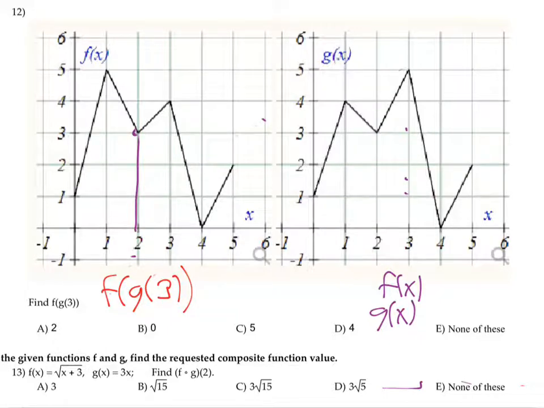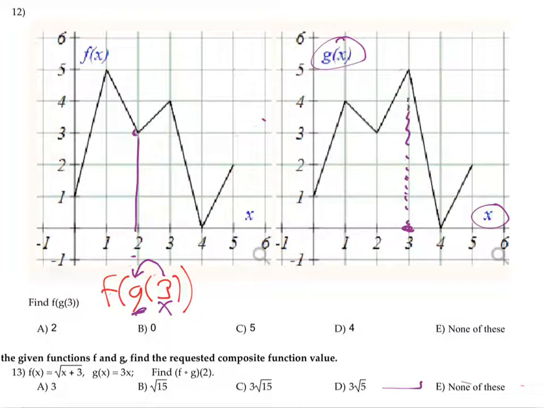So this must be an x inside the g function. Functions always go right to left. So 3 is in the g function. So go to the g function, which is over here on the right, and start with the x value of 3. So this is the x-axis, 3 is right here. Find the point right above x is 3, right there.